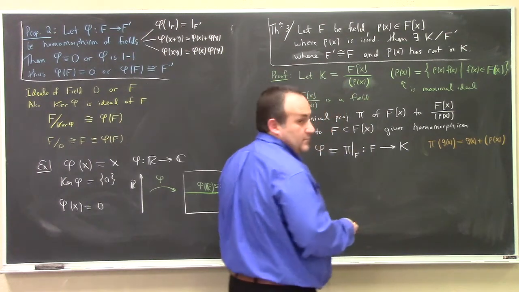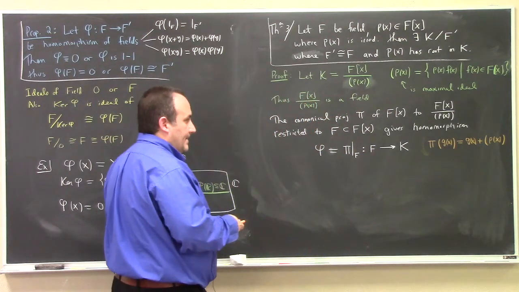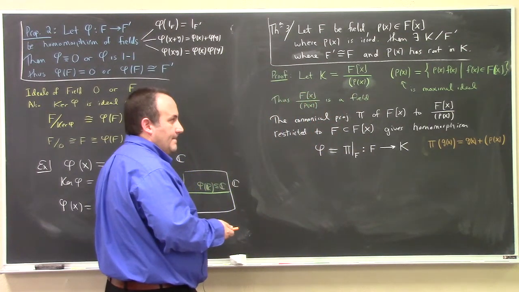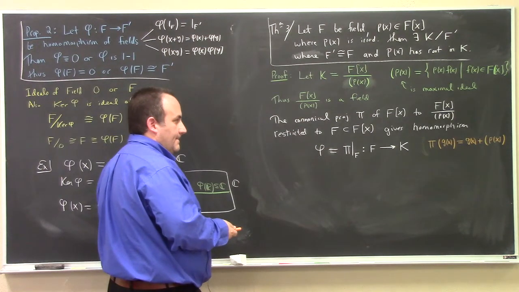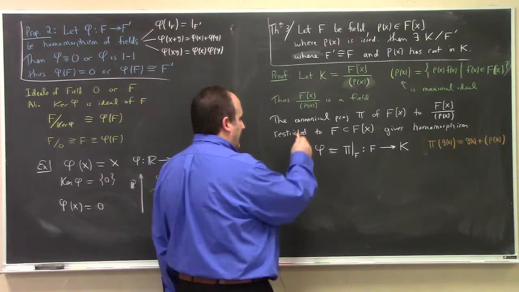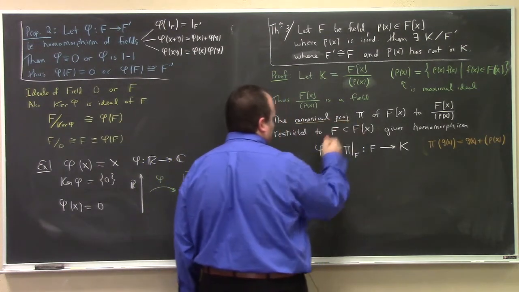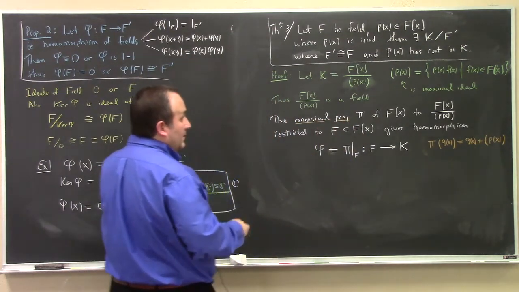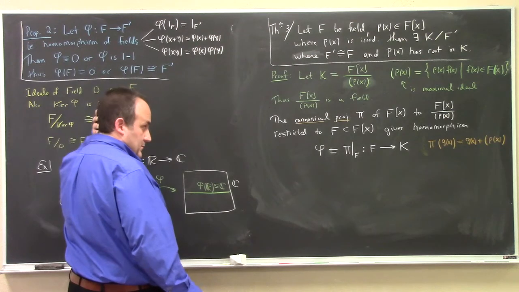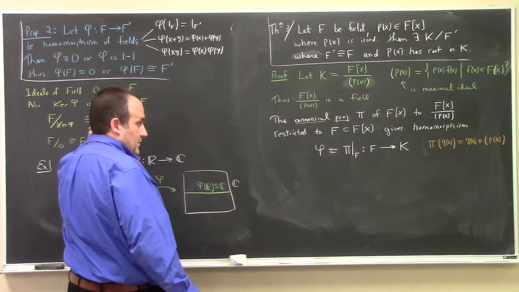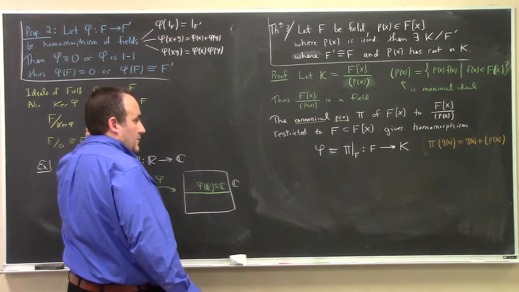My understanding is that if you take a mapping pi and try to map things from F of x, if you put everything in F through that mapping, you'll get F back. Well, that's what we want.